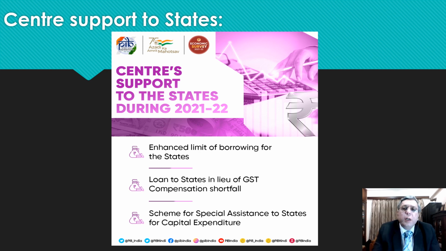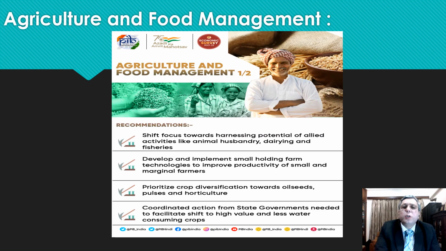So interest-free loans of 50-year duration to states as another buffer from the center. Scheme for special assistance to states for capital expenditure. We covered how the state's capital expenditure has increased by 60% plus. The center has been funding a large portion of it.